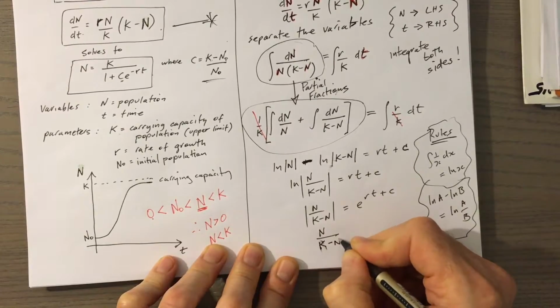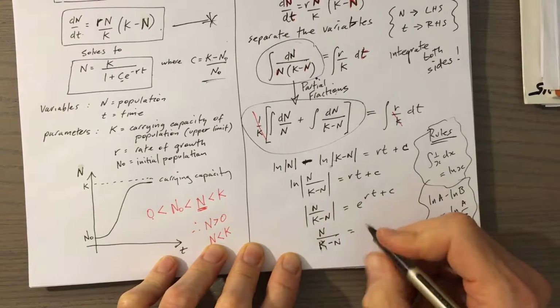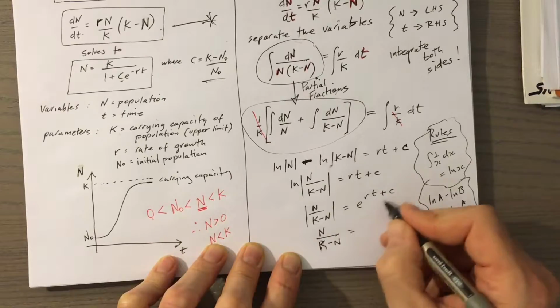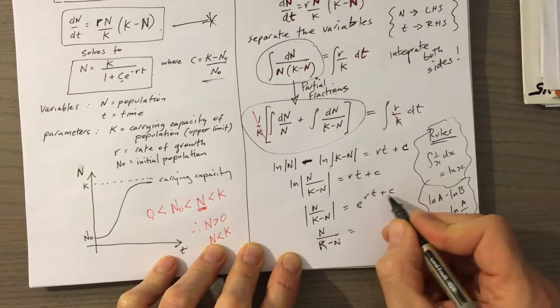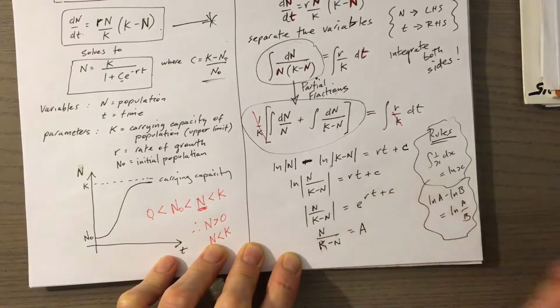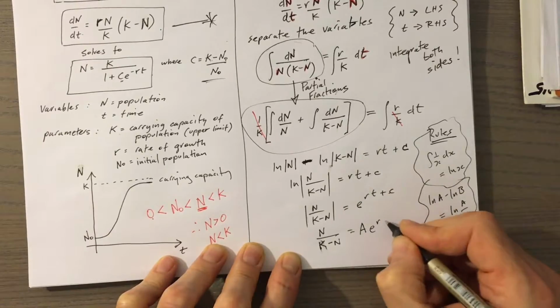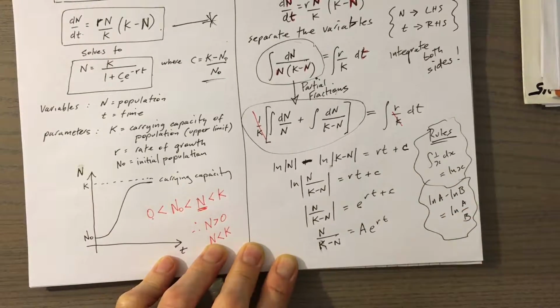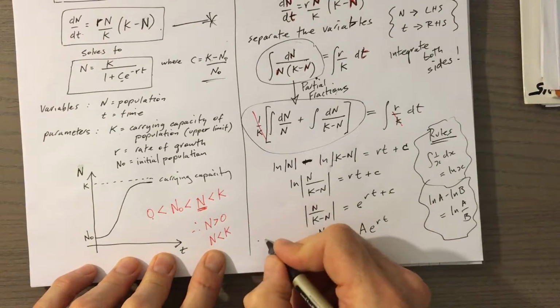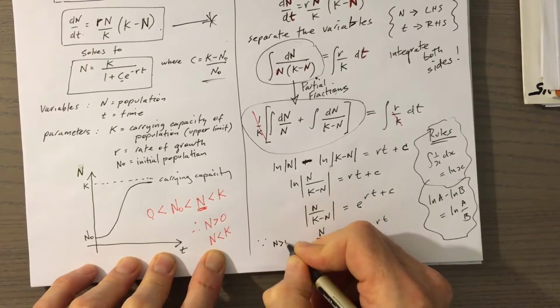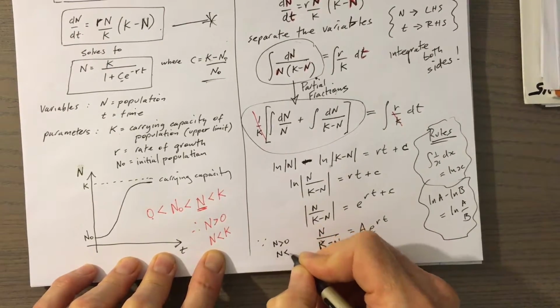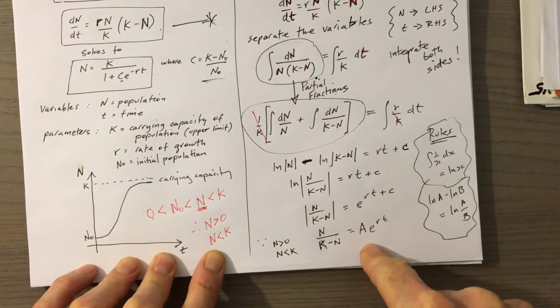And while we're at it, let's think of this e to the C as being some constant A, times e to the RT. Because n is greater than 0 and n is less than k, we end up with this.